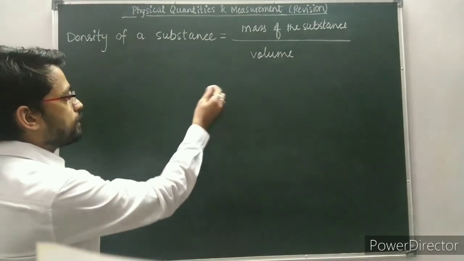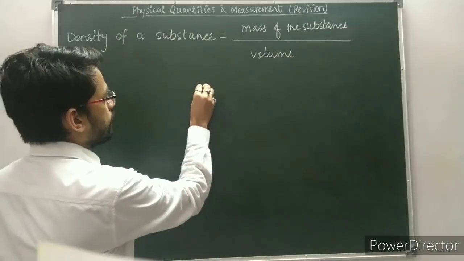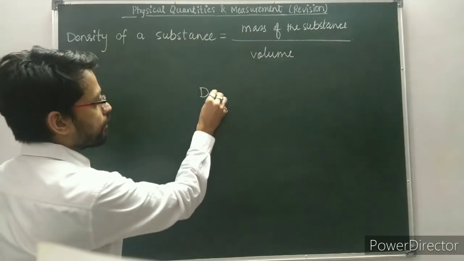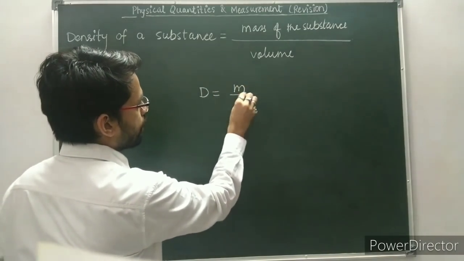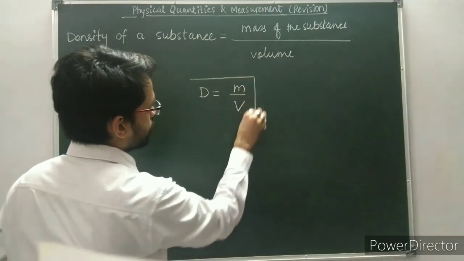And symbolically, density is denoted by D is equal to mass upon volume.